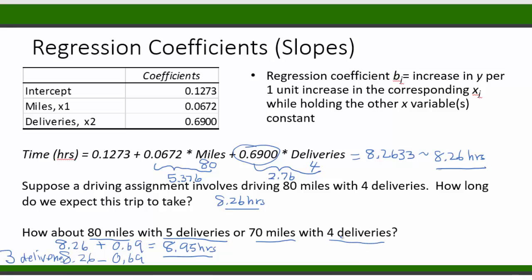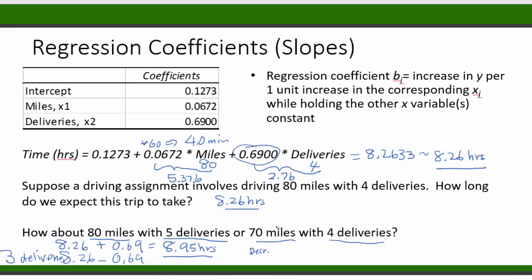Now, what if you have another assignment with 70 miles and 4 deliveries? In this case, the number of deliveries stays the same, but the number of miles has decreased by 10. Well, according to the regression coefficient here, each mile contributes about 0.0672 hours to the travel time, or let's say if I multiply by 60, that's about 4 minutes.